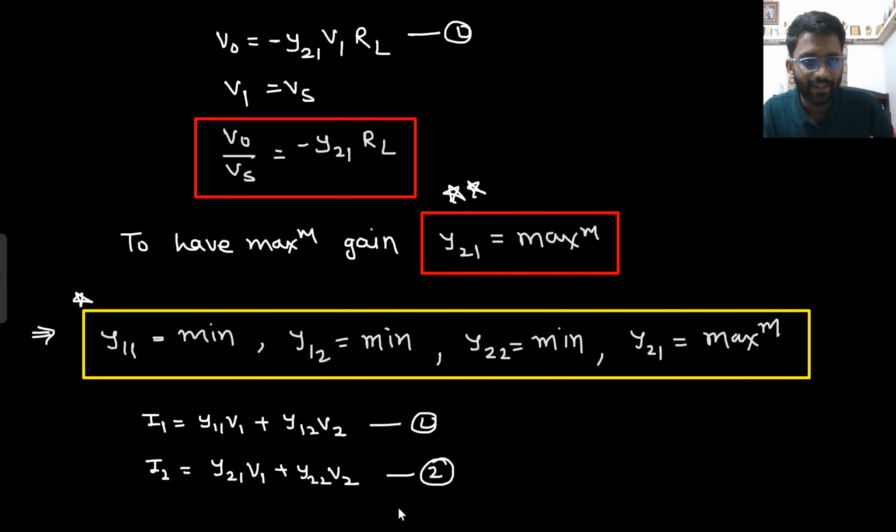If V2 is constant, then what will be your y11? That would be delta I1 by delta V1. Just differentiate it. This will be 1 and V2 is constant, that will be 0. So what you will get? Y11 only, right?